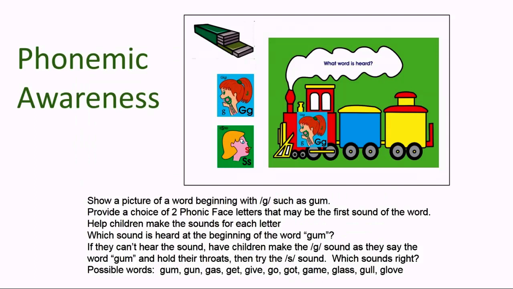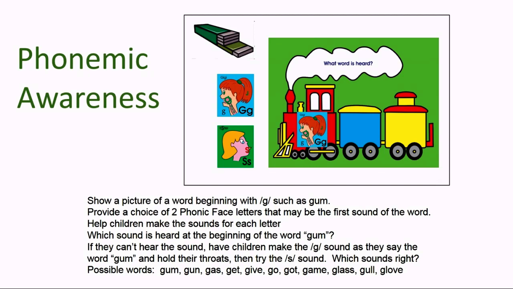All right. Things that are more directly explicit, phonemic awareness activities. This is a little Phonic Faces train that the letters can fit on. And so we can show a picture of a word beginning with G, such as gum. And I can ask the children with two Phonic Faces, which sound do you hear at the beginning?